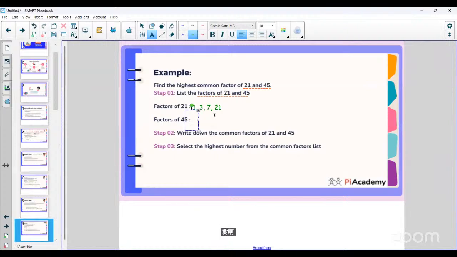Factor, and 3, okay. 5, very good. And 9, good. And I think 15, and 45. Very good. 45, excellent. Okay. So 1, 3, 5, 9, 15, and 45.